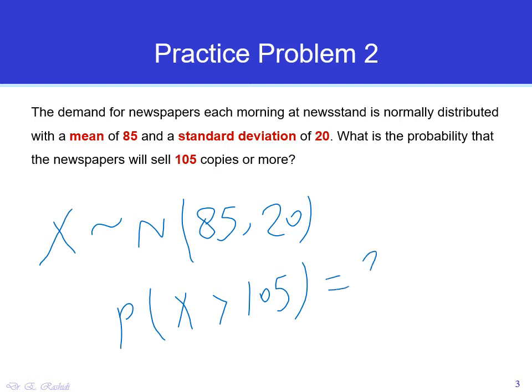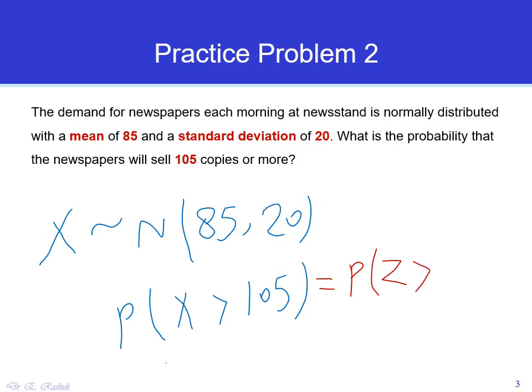So we need to solve this problem to find the probability that x is greater than 105. So what we can do is we can use the same method. We can convert this to a z-distribution and then find the probability. So let's do that. So this is equal to the probability that z is greater than the z-score of 105.